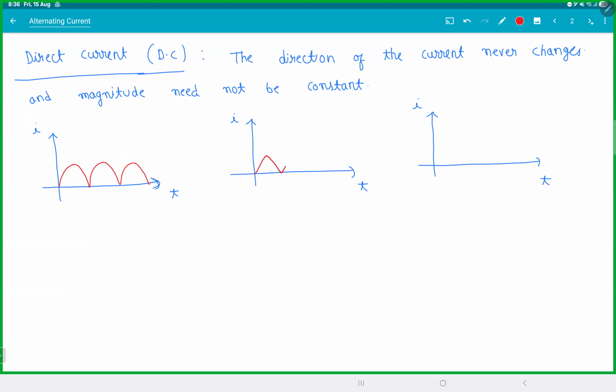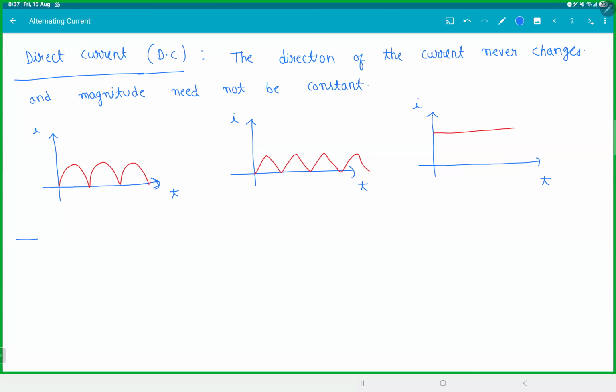This is also DC. This is also DC. So generally we think of constant in DC, but it's not necessary. As long as you don't change the direction and the magnitude can change, these are all DC currents. The general misconception is that people think DC should be constant, but not necessary. The current should not keep changing direction.